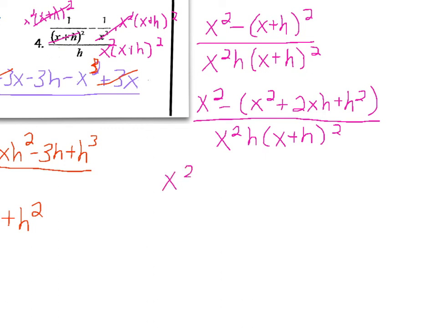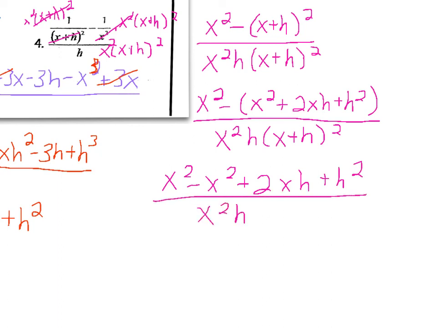So we have x squared minus x squared plus 2xh plus h squared, and in this case our x squareds will cancel and we can divide the two terms in the numerator by the h in the denominator.